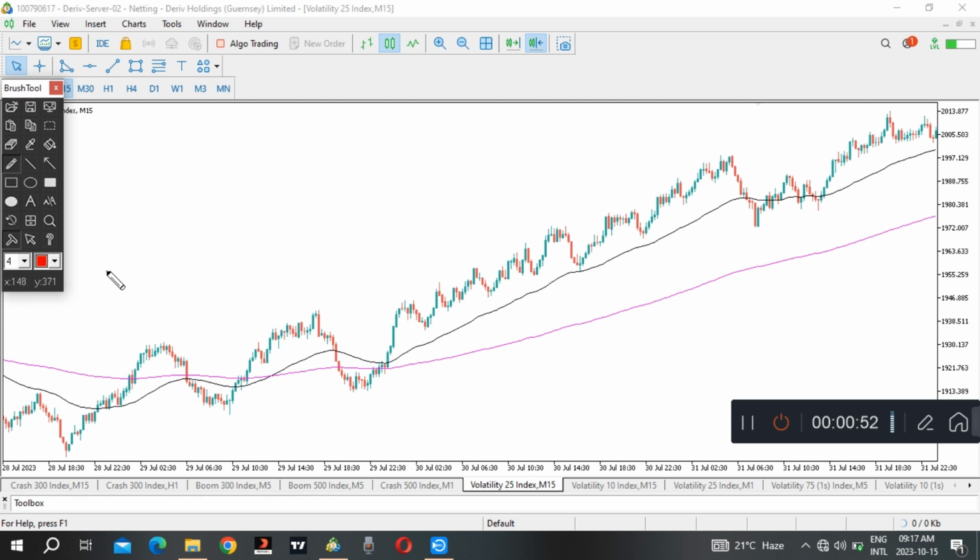Let's say this is what we went down over here, and then for the pullback, it maybe starts with a large green candle, and then it gives us smaller and smaller candles. This is also a good pullback, or a pullback that alternates between green candle, red candle, green candle, red candle. That's what we want to look for in the market. Those are the types of pullbacks that we want to enter.